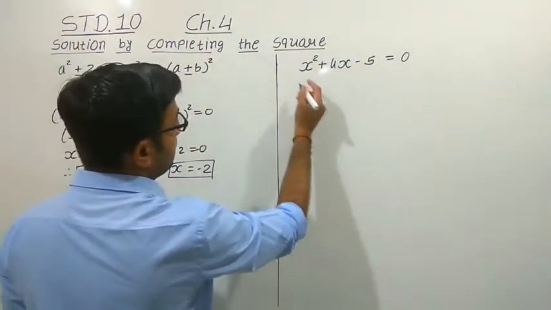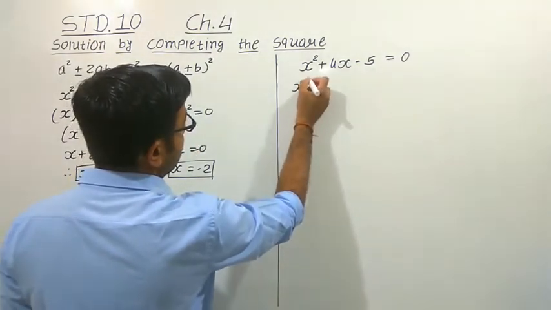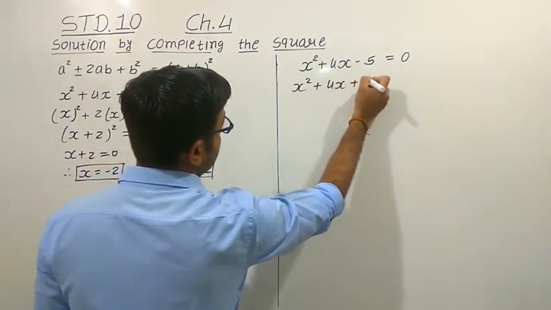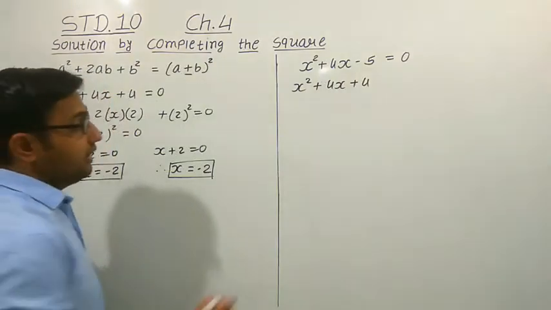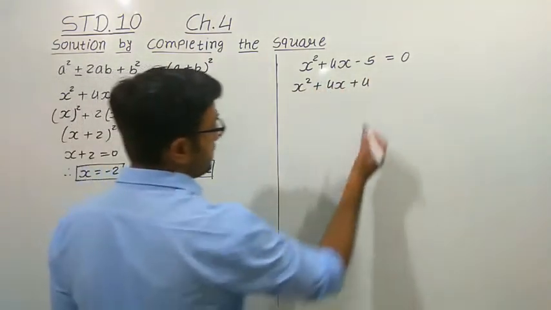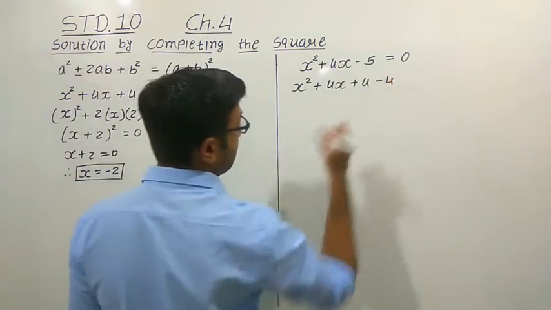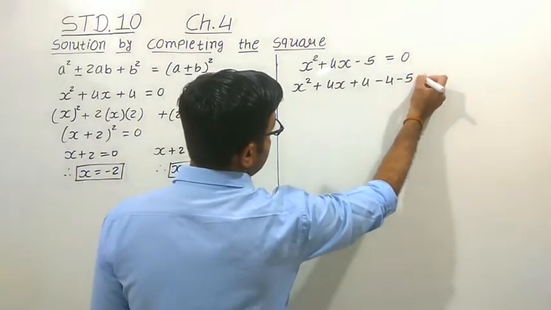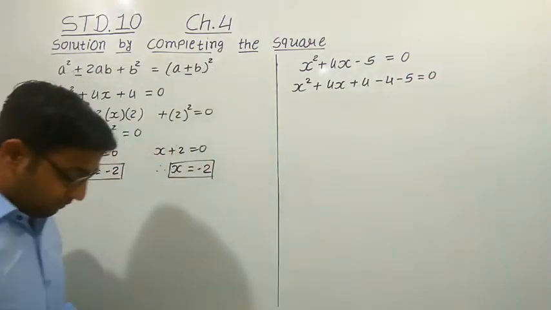So let us write it like this: x square plus 4x plus 4. Here there is no positive 4. We add the positive 4, so at the same time we have to subtract that number, negative 4. And this minus 5 remains as it is, and the total is equal to 0.